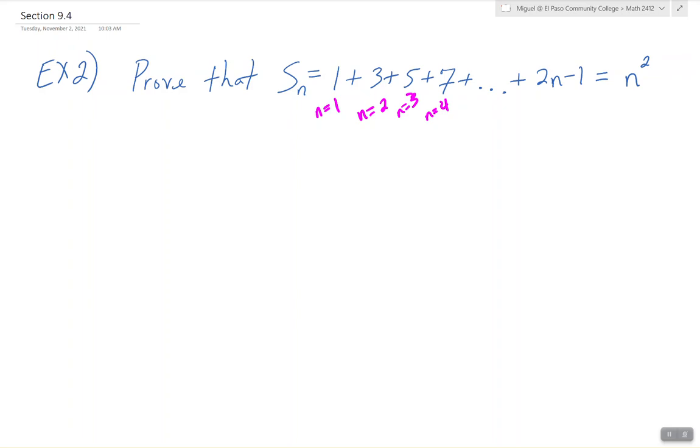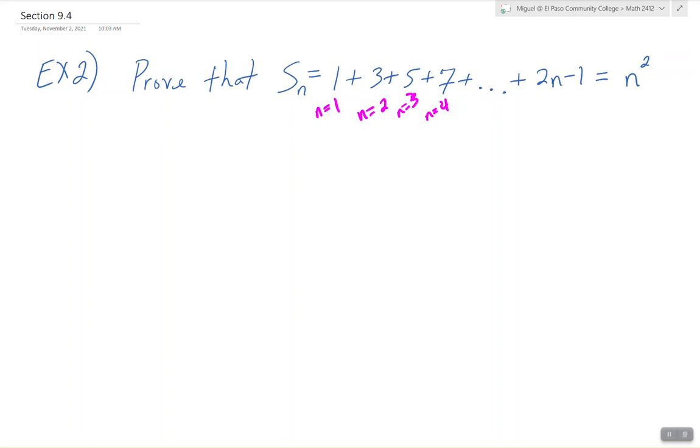Up to 7 is only an n of 4. So S sub 4 would be equal to 1 plus 3 plus 5 plus 7. What would that sum be? It's only 4 numbers, so it's easy to compute. 1 and 3 is 4, and 4 and 5 is 9, and 9 and 7 is 16. So is it true that the sum is equal to n squared?